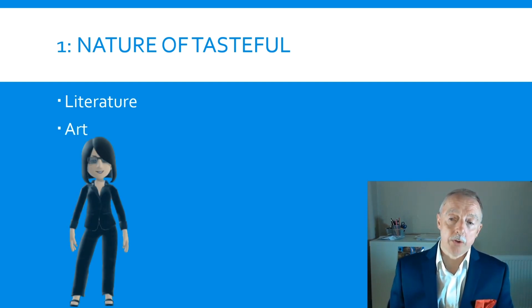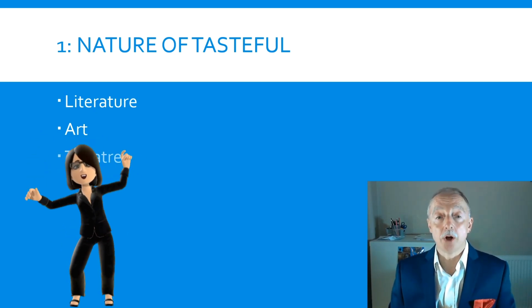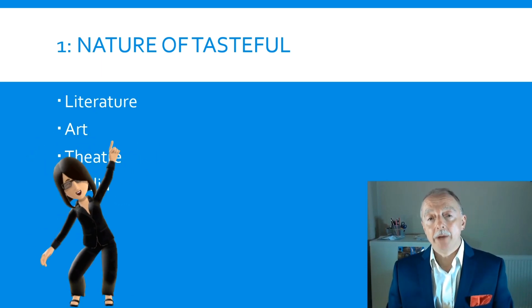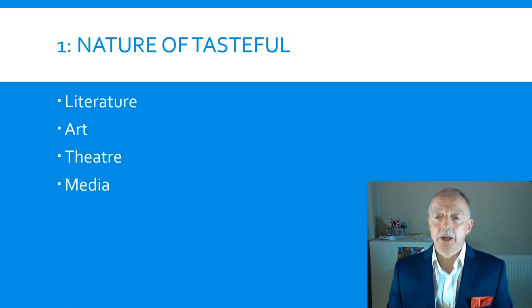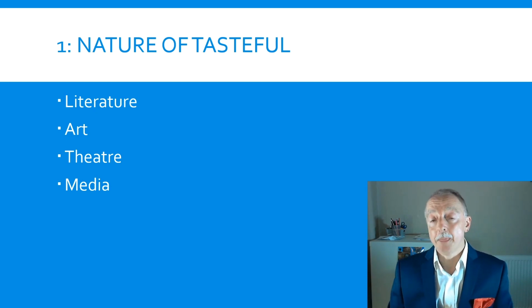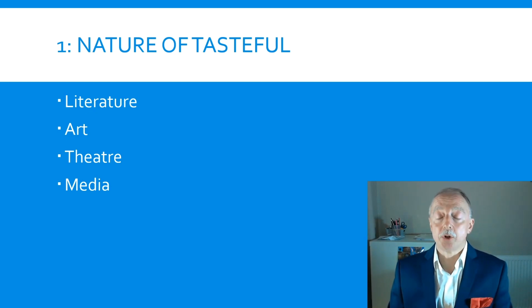We find also that what is tasteful is often found in discussions around art, and what happens in the theatre, and finally in other forms of media, and specifically I'm thinking of digital media, which is quite prevalent in our society and as a result has quite a lot of influence in what is the nature of tasteful. So media as well. Four principal sources.